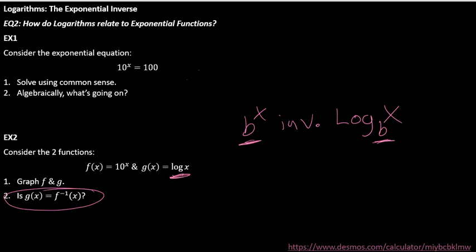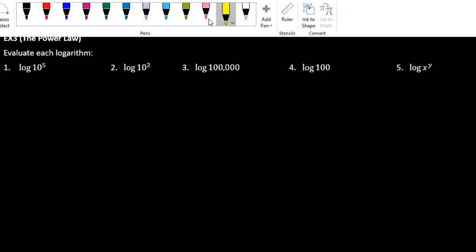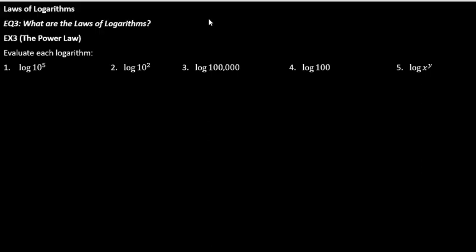So this log right here was base 10, and so is this exponential function. So they are inverses, and we'll learn more about that in the next lesson. Right now, we're more concerned with the laws of logarithms, or the properties of them. Okay, so evaluate each logarithm.